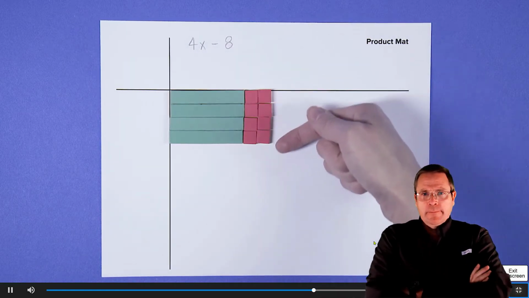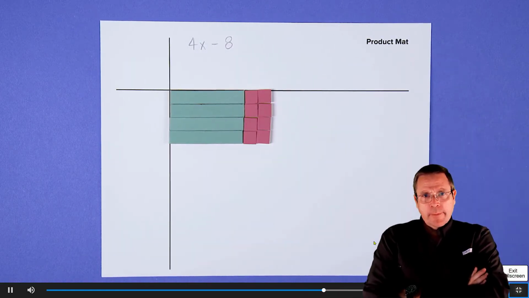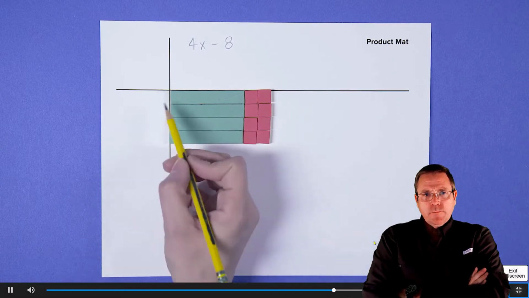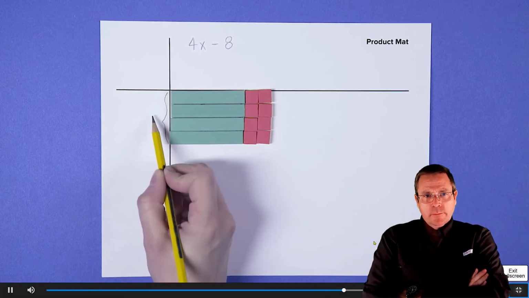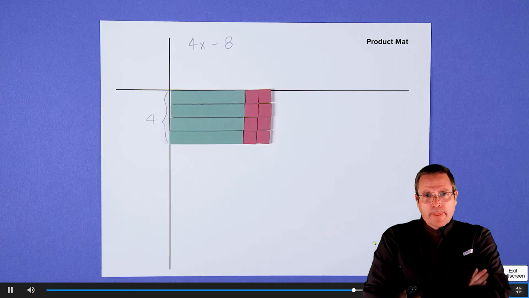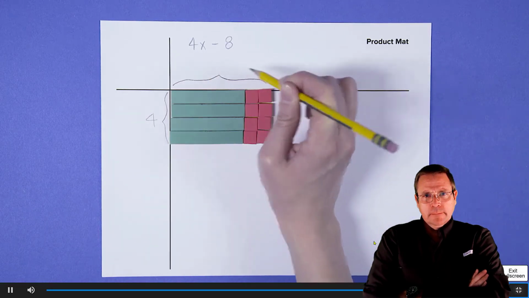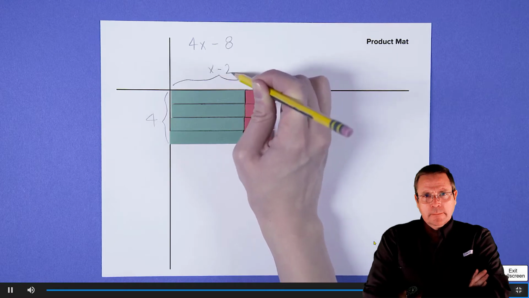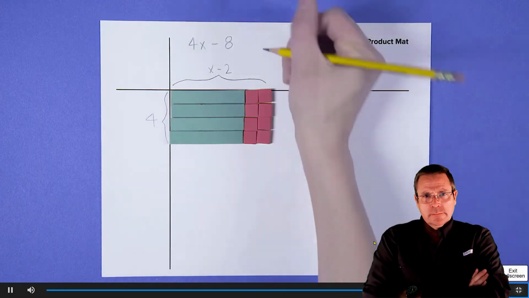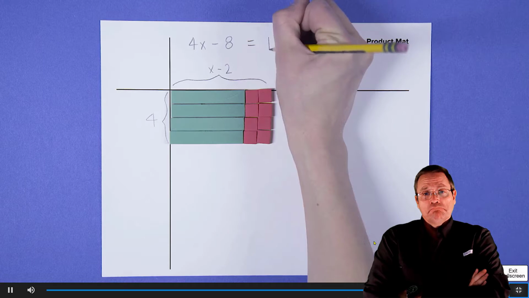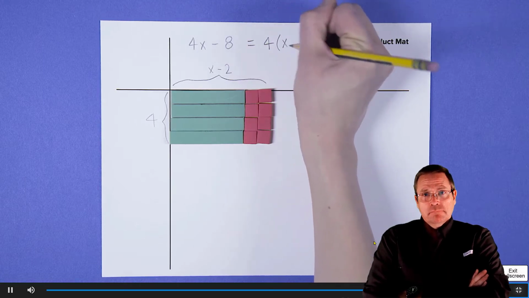Its length and width represent the factors. The rectangle has a width of 4 1 tiles and a length of 1 x tile and 2 negative 1 tiles. So, 4x minus 8 equals 4 times x minus 2.